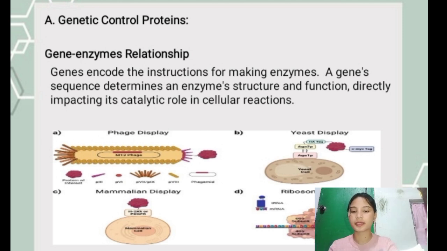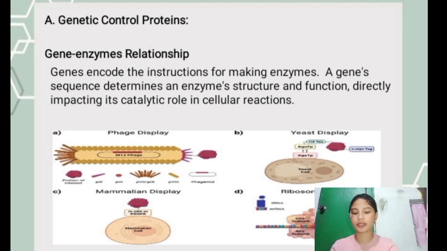The enzyme's active site, dictated by its structure, allows it to bind to a specific substrate and catalyze biochemical reactions. Therefore, a gene directly dictates the amino acid sequence, structure, and ultimately the function of an enzyme, highlighting the fundamental link between genetic information and cellular processes.